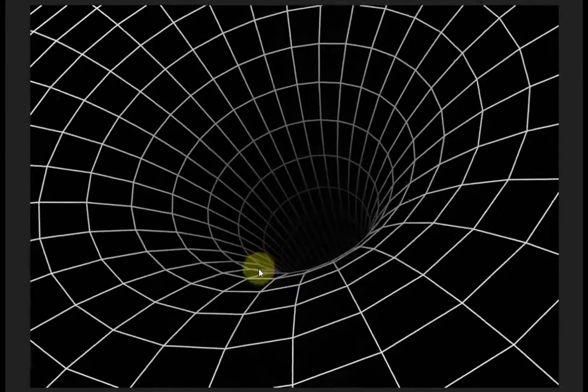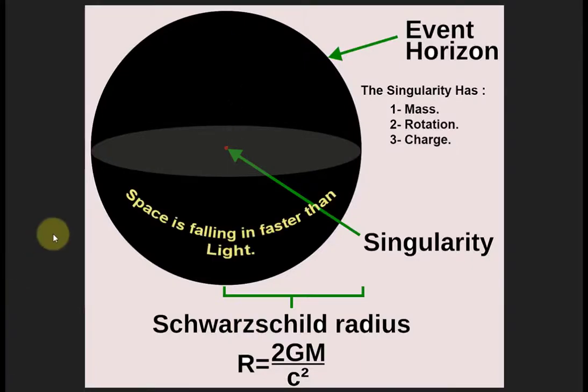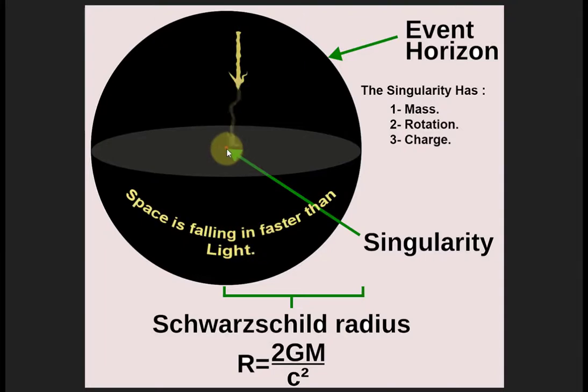Nothing else is left of the star in this universe as far as we can see. This is called a singularity. This is a point that contains the mass, rotation, and charge of the black hole. Now, this is the final resting place of the star. You don't really know where it is. It doesn't seem to be in this universe, but it shows mass, rotation, and charge.